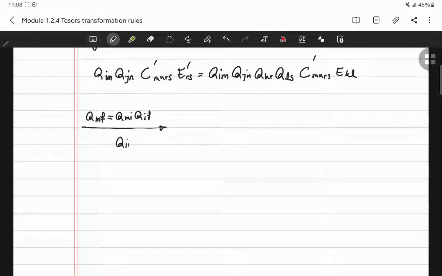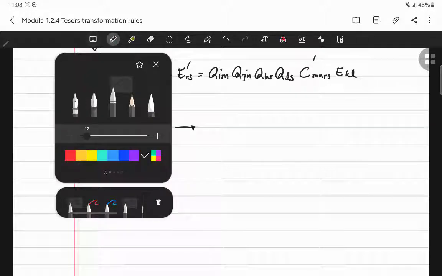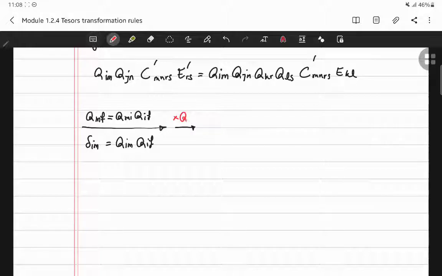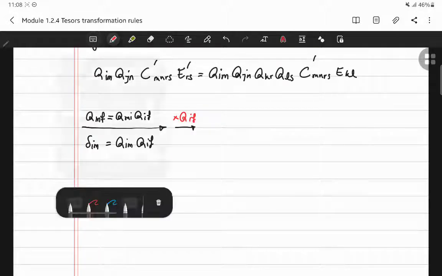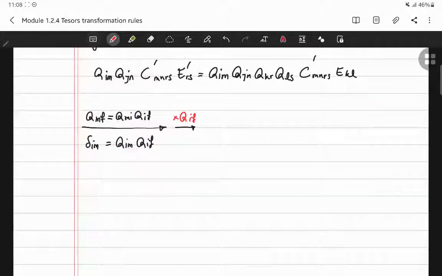So if I just transpose this, it gives delta im. Great. So I multiply the above with Qif, so I have Qif here and I have Qif here. All right, so I have Qif, again I bring it here, Qjn C prime mnrs E prime rs.